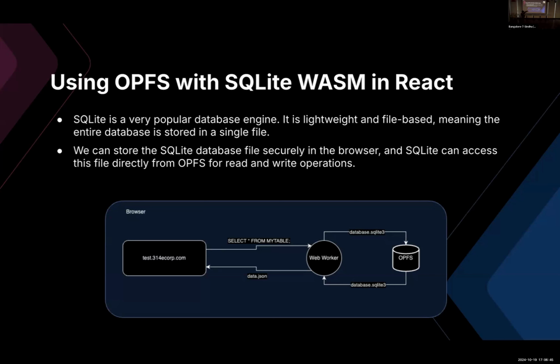Let's say a page is requesting a query. We send this query as a message to the web worker, which is running SQLite. It asks for the database file, and it gives this database file. It returns the data as JSON back to our page with a message, and if it's an update query rather than a select, it will update the database inside our OPFS.